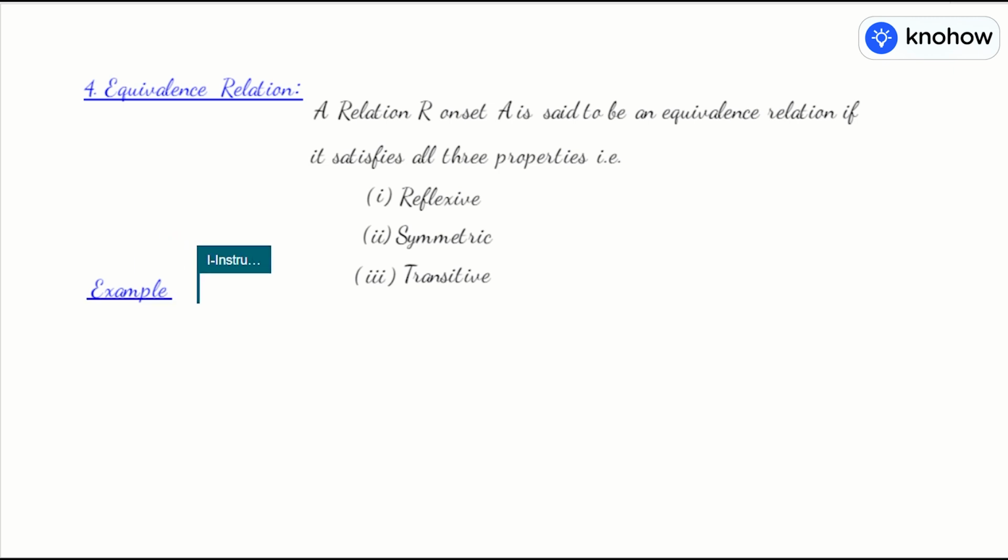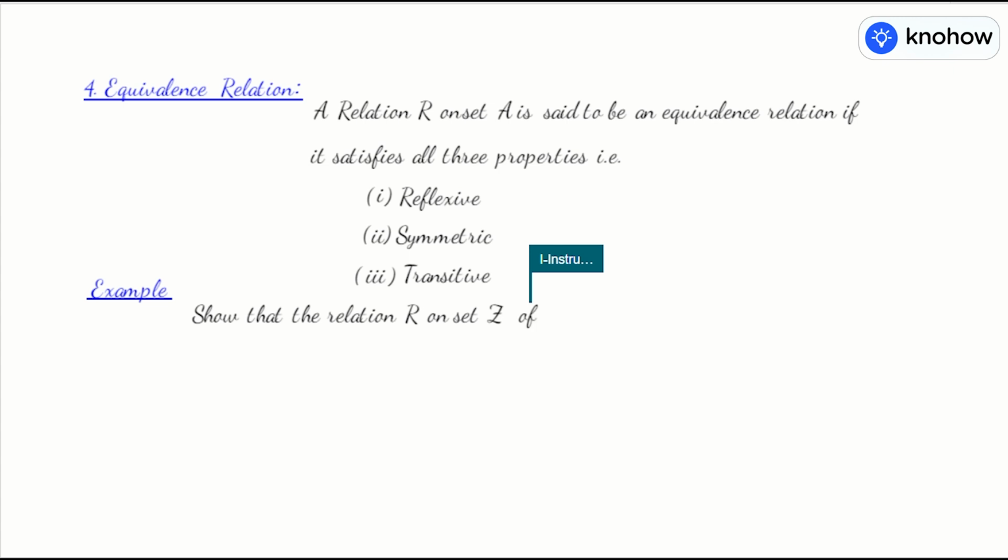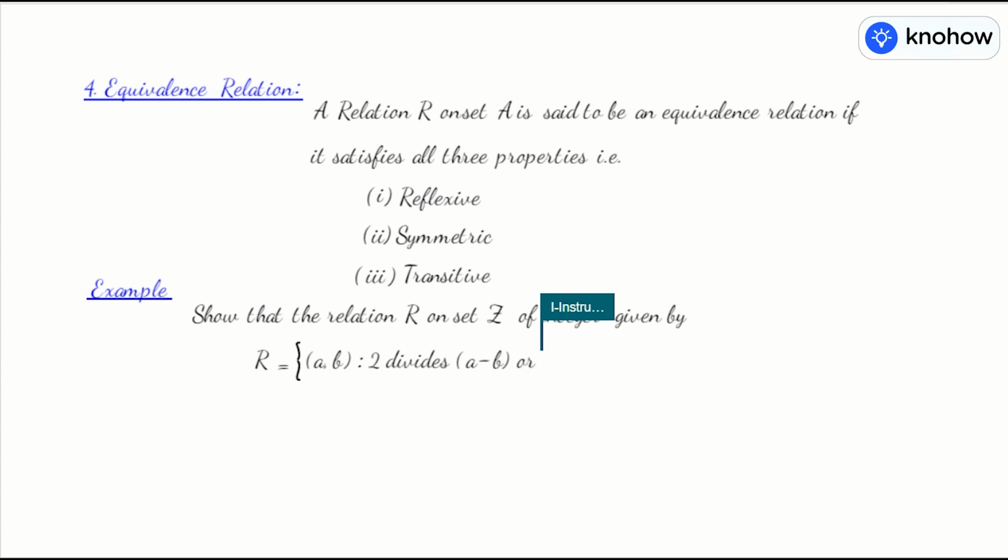Show that the relation R in the set Z of integers, you know here Z denotes the set of integers, given by R is defined as the set of ordered pairs (a, b) such that 2 divides a minus b, or a minus b is divisible by 2, or it may also be said 2 is a factor of a minus b, then we say a is related to b.